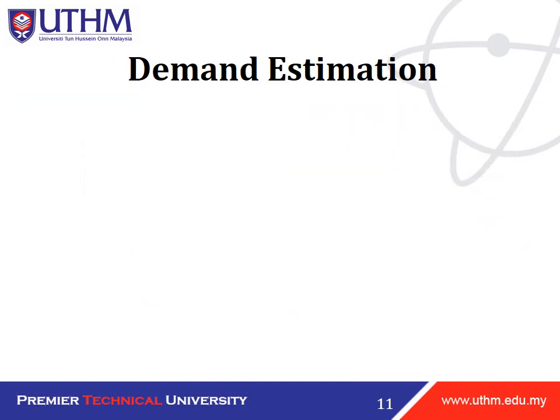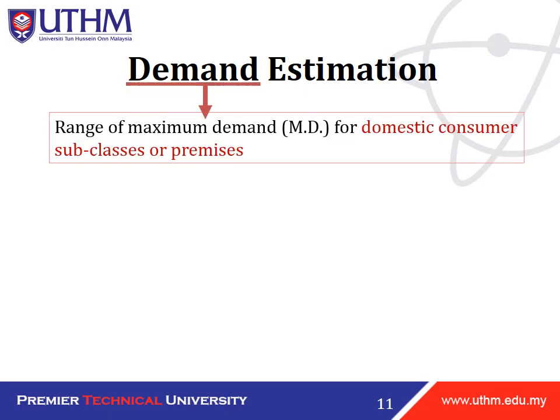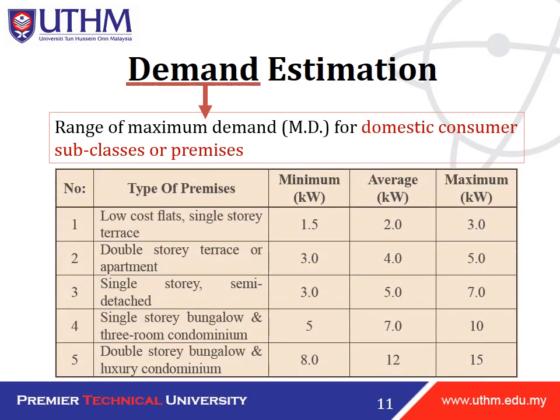Okay, now we go to the demand estimation. The range of maximum demand for domestic consumer subclasses of premises is as depicted on the table. So we can see a lot of types of premises with different minimum and maximum kilowatt demand.